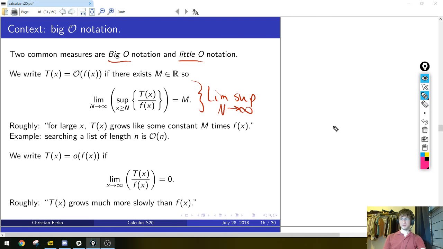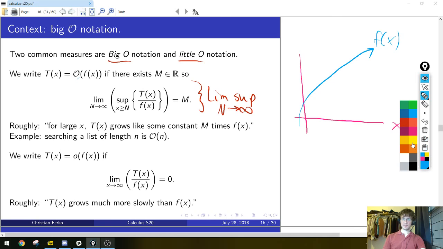But what this roughly means is that as the size of the input gets very large, there's some function f of x which you're using as a comparison in your big O, and there's the function for the actual program that you're interested in, which might oscillate a lot. Here's t of x.